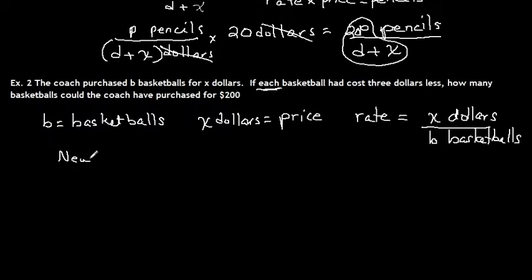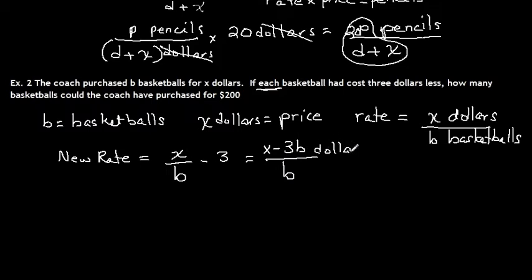So we take our rate, X dollars over B basketballs, and from each one we're going to subtract $3. And if we just find a common denominator, we're going to have X minus 3B dollars per basketball. So since it's each, we subtracted it right from the rate.